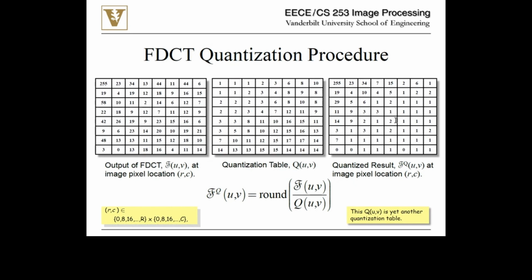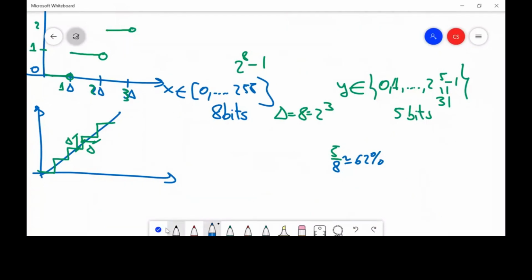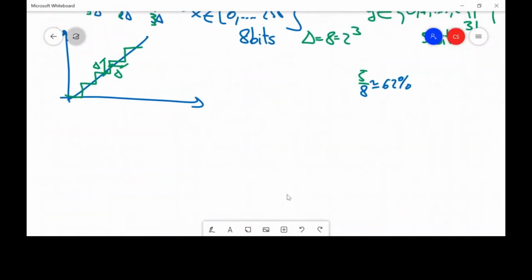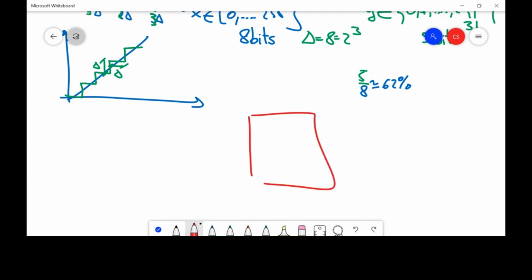What is now the saving? Let's think in terms of numbers, not in terms of bits. This is the discrete cosine transform; this number I keep, but all the others I removed.